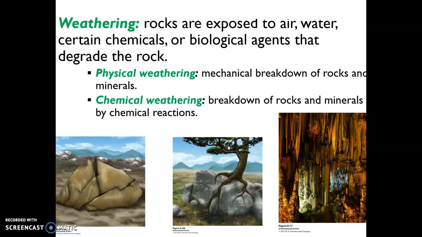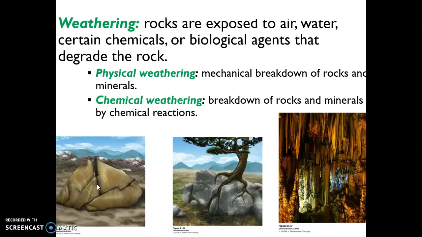There are two types of weathering: physical weathering and chemical weathering. Physical weathering is a mechanical breakdown of the rocks and minerals, whereas chemical weathering is a breakdown of rocks and minerals by chemical reactions. So let's look at some of the reactions that can happen. Here on the left, we have a rock, a big boulder actually, and it has some cracks in it.